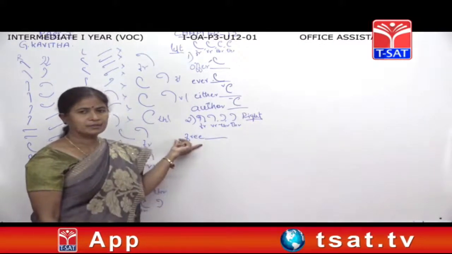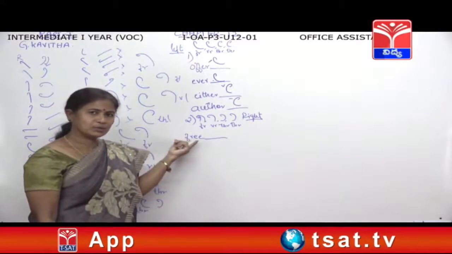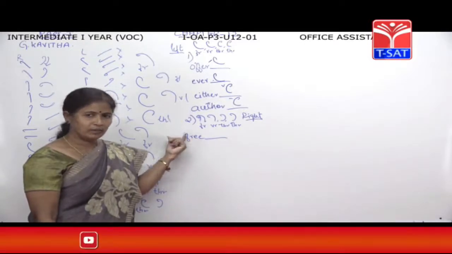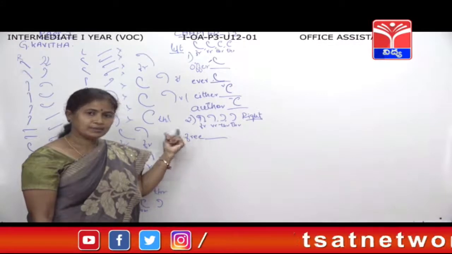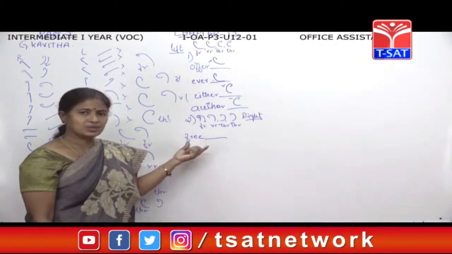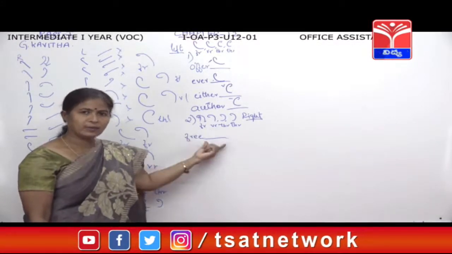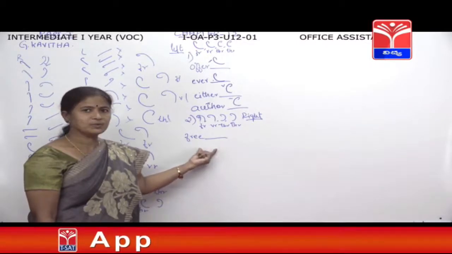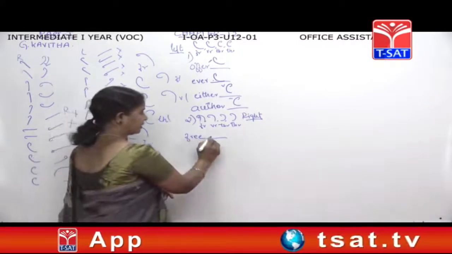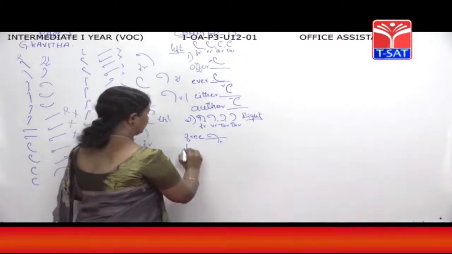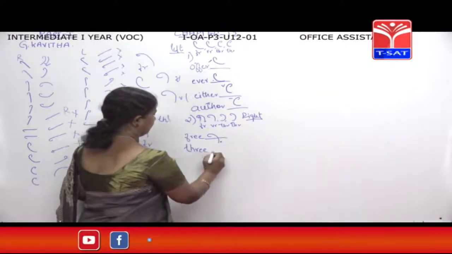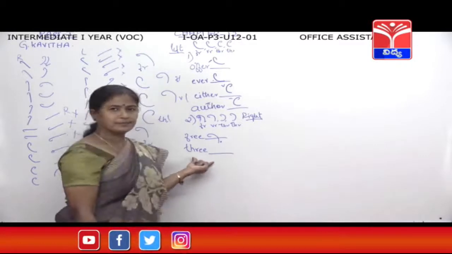Free. Sound the word free. How many strokes do we hear? Only one stroke, fur. And what happens to the vowel? The vowel is coming after fur. So standing alone fur and followed by a vowel, we use right forms of fur. Free. Three.